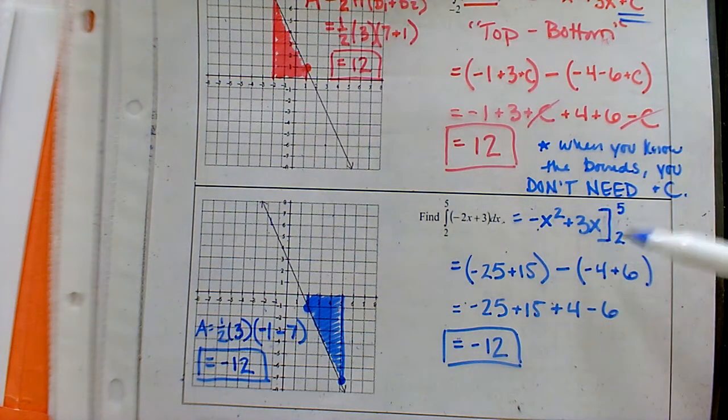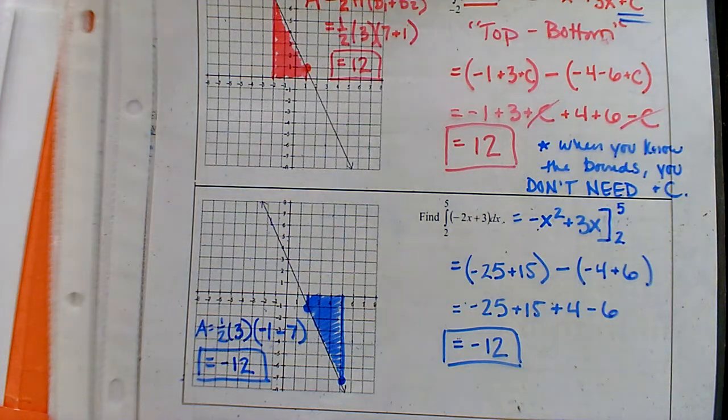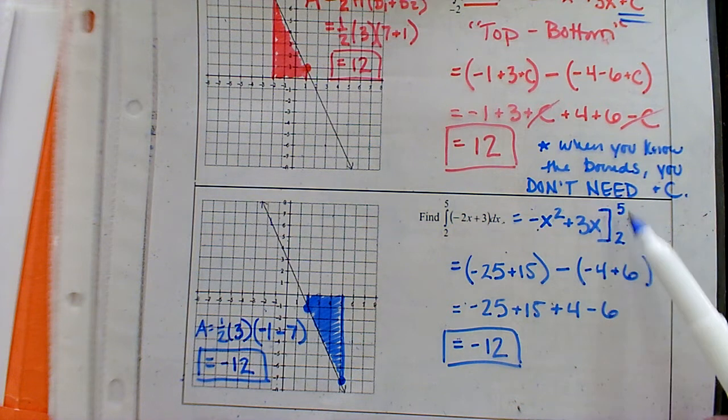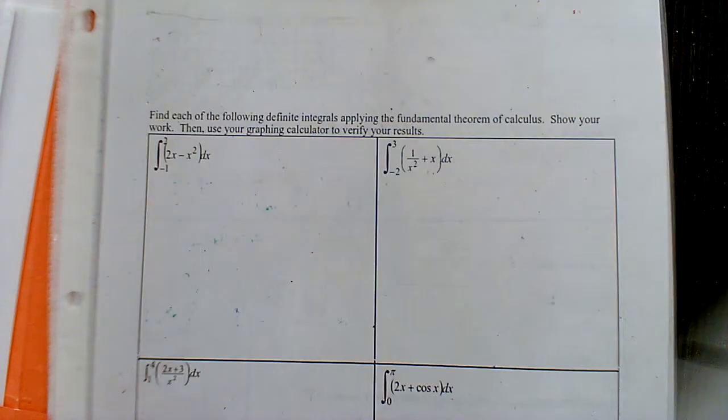What that bracket means is just that you are going to plug in 5 and 2. You're going to evaluate this antiderivative with those numbers. So you don't need the plus c, but you will see on my homeworks that we post online and in any textbook that you might reference, they'll have a bracket here with the bounds. Just something else you might want to write down to help you remember what numbers you're plugging in.